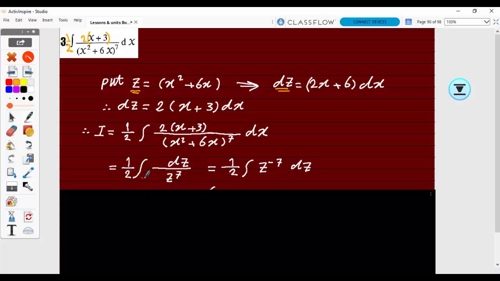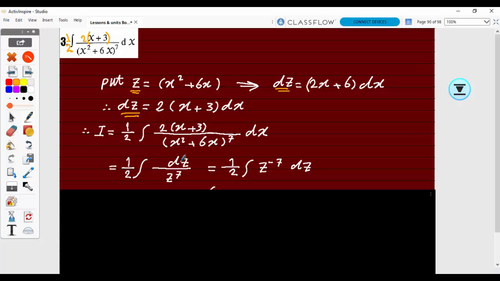Half the integral of 2(x + 3) dx, which is dz itself, so instead of 2(x + 3) dx we write dz over z^7, as z equals x^2 + 6x.